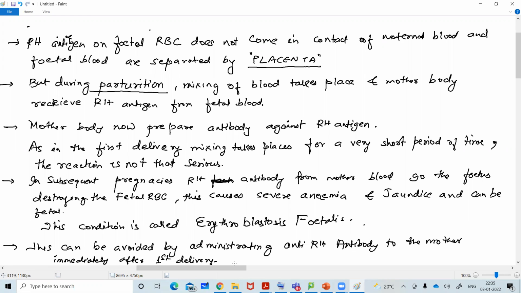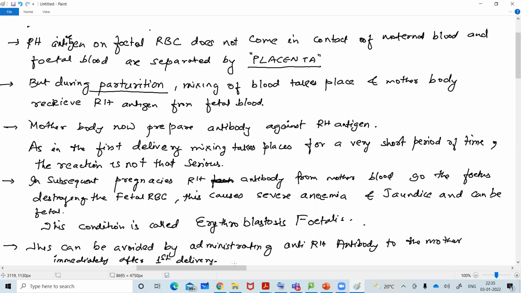This anti-Rh antibody will prevent the further formation of antibody in the mother. And when the mother is going to get pregnant a second time, these antibodies are not there. So there is no problem.